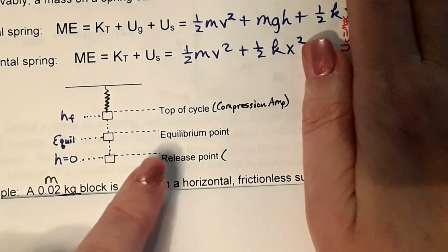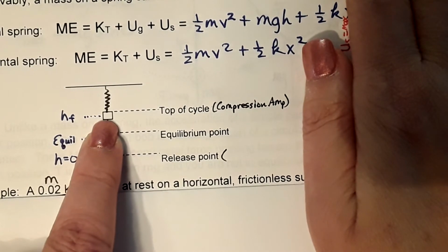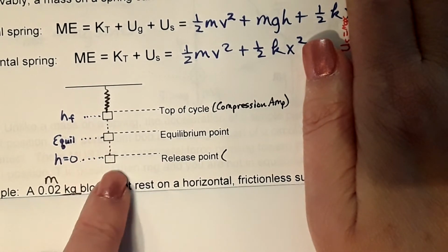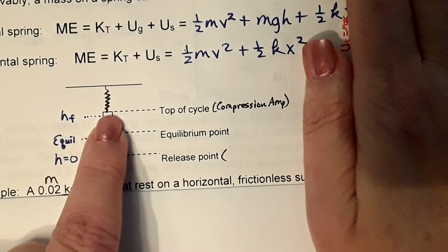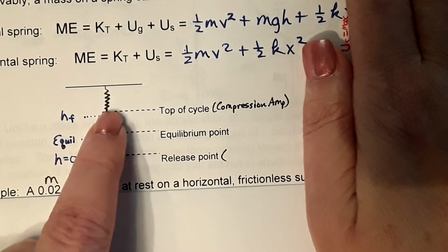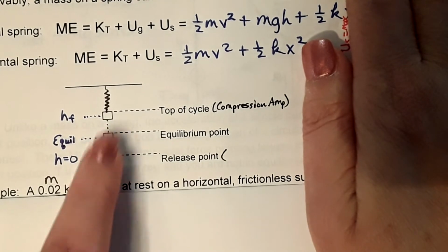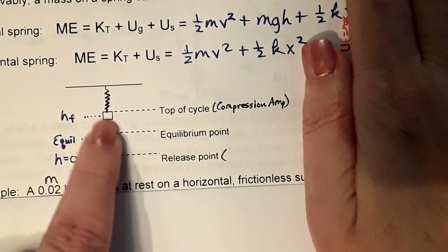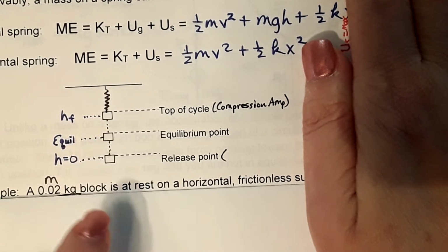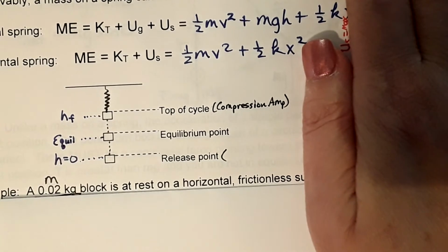Well, if you think about it, here and here, the kinetic energy would have to be 0 because this is where the mass stops and changes direction. So you'd have gravitational potential energy at these points, but you wouldn't have any kinetic energy. You would have elastic spring energy, okay?